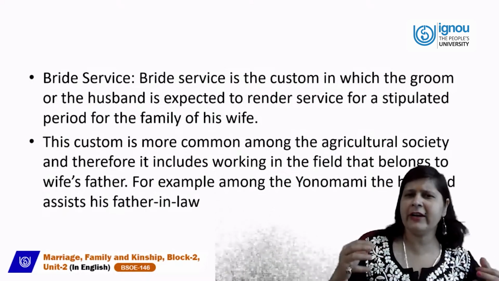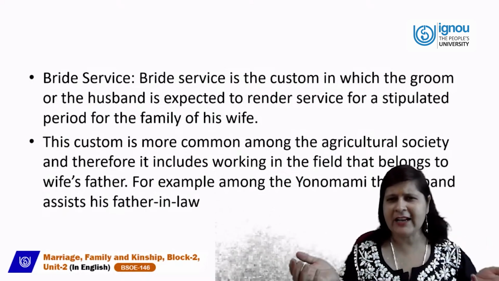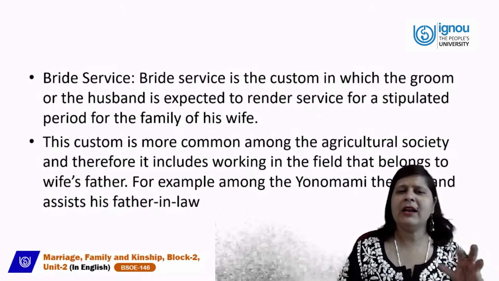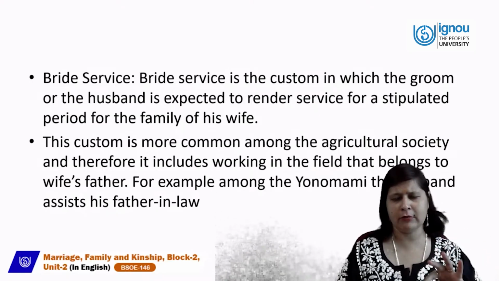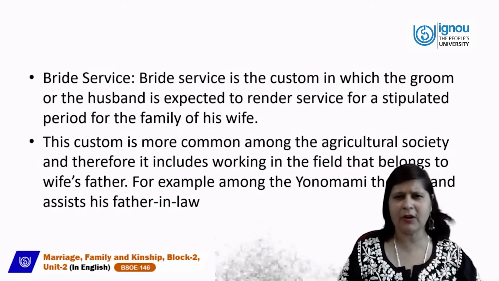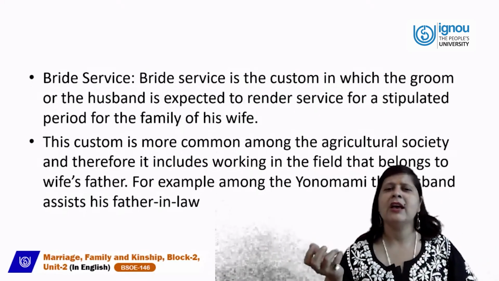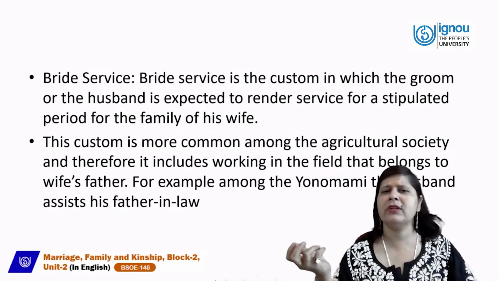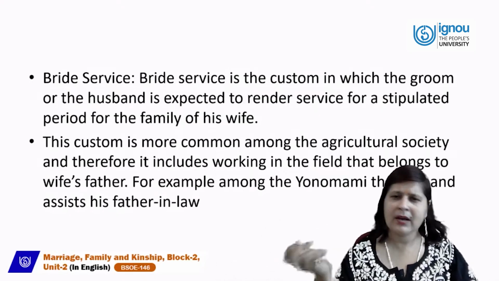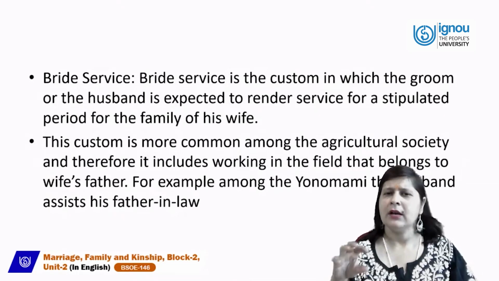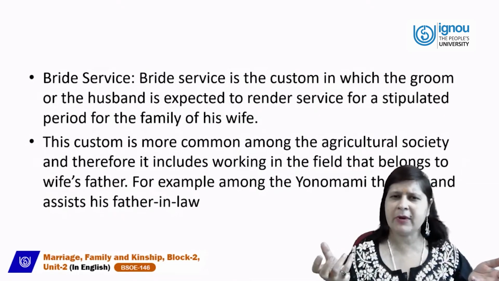Polygamy is further divided into polygyny and polyandry. Polygyny is when one male can have two or more wives. Polyandry is when one female can have two or more husbands. That is polyandry, right? So this is on the basis of number of spouses.